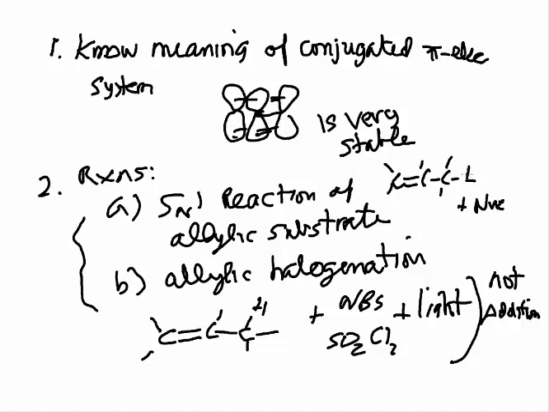Or if you see an alkene and reagents that you're not going to regard as adding reagents. They're allylic halogenating agents. Pay attention to those with light present. That will be a case of not addition. It will be rather allylic substitution, allylic halogenation.